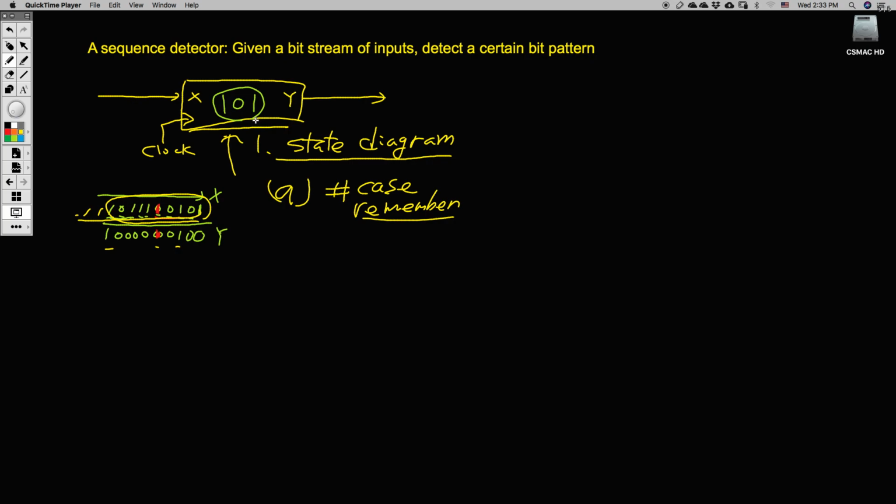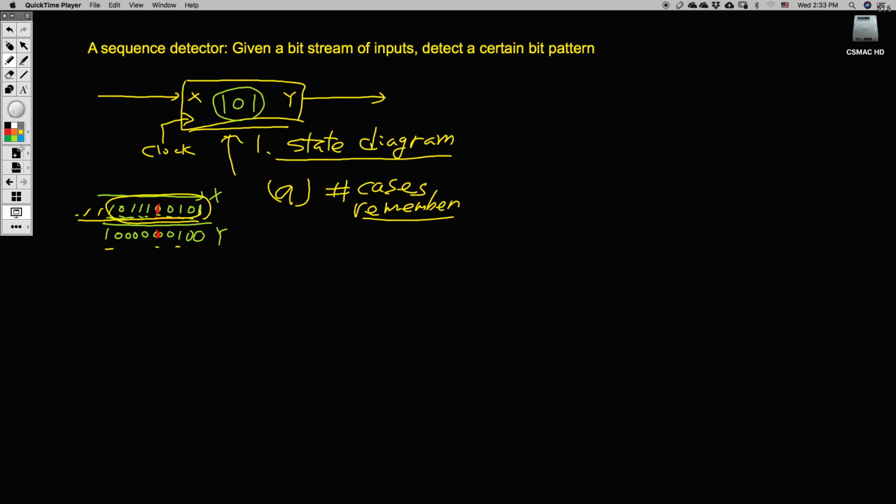Sometimes it's impractical to have such a large memory to detect the bit pattern. So that's not practical. What would then be the minimum number of cases the system should remember? Based on that, we can minimize the memory.